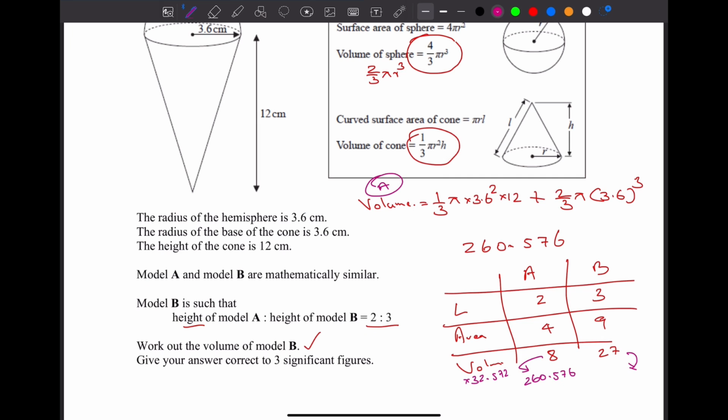Then I multiply by the same thing, 32.572 times 27, which will give you 879.4. And you want 3 significant figures, so 879 would be your answer. Simple. Okay, yeah, because they're mathematically similar, so the volume and everything are in the ratios, right?